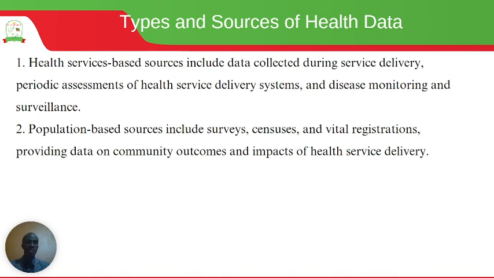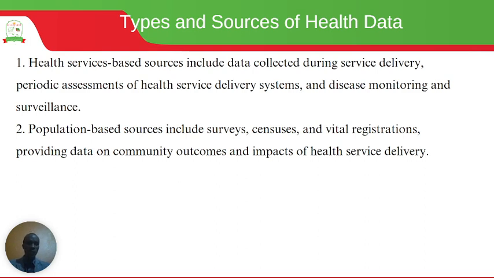Another source can be population based, where we do surveys, maybe research surveys. It can be in the form of censuses, like a population census, where you count all the people and their property, and you get their social demographic characteristics, the sex, the occupation, the economic activity they are engaged in.